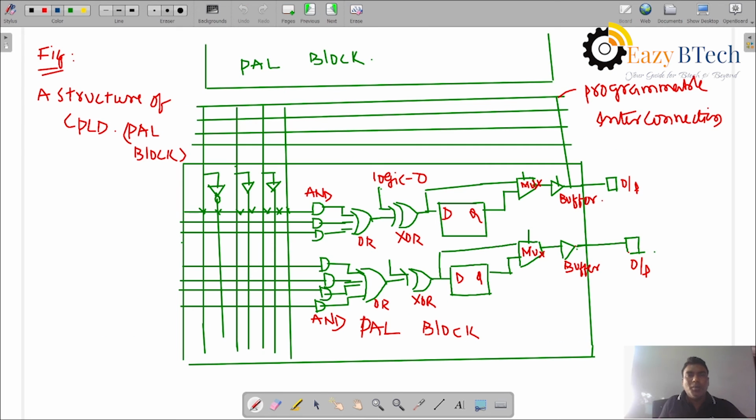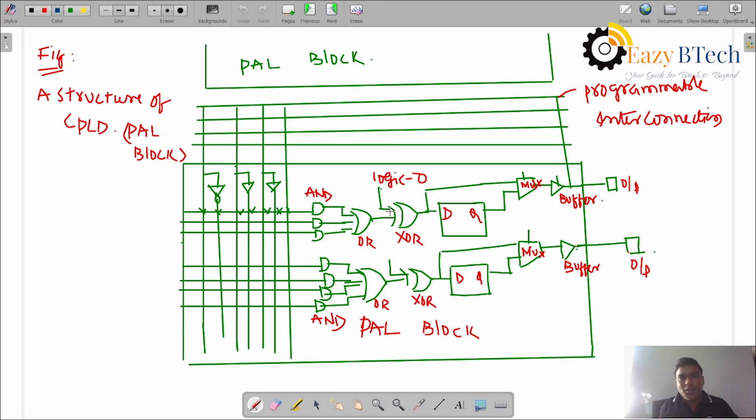The programmable interconnections let us take the inputs from the IO block. The inputs are connected to the AND gates according to the programming. All AND gate outputs are connected to the OR gates, and the OR gates are connected to the XOR gate.